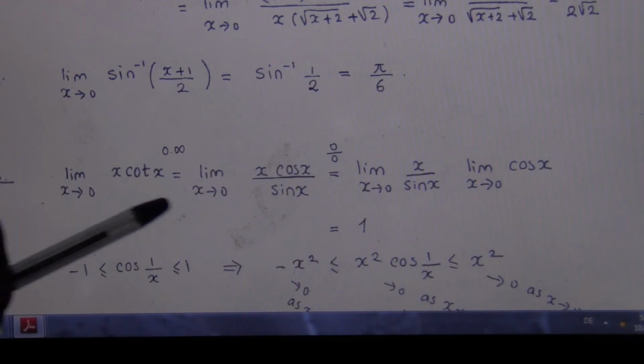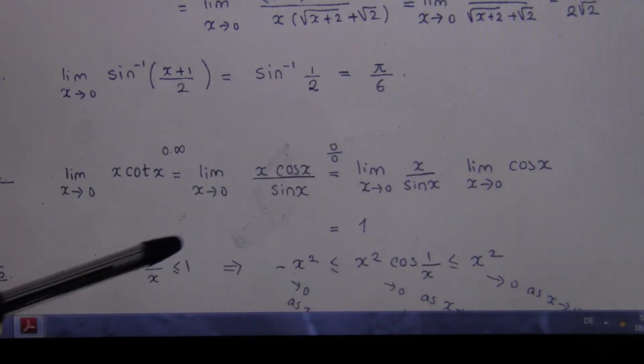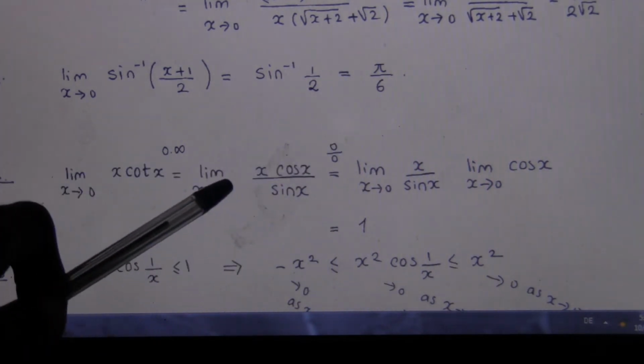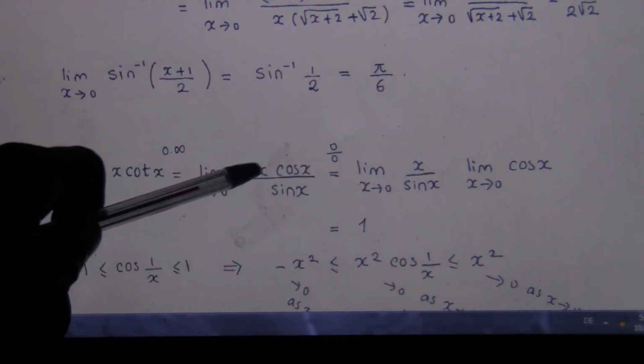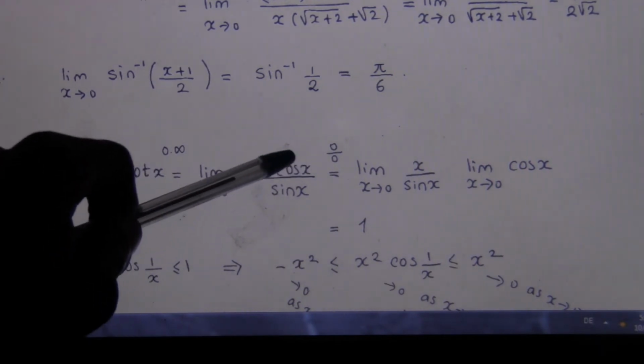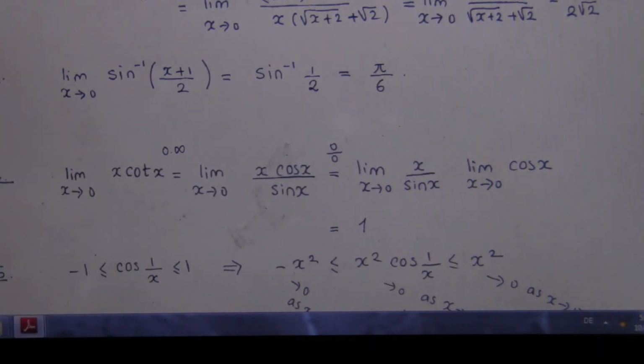But when I plug in here, I still get 0 over 0, because x is still 0 times cos 0, so 0 times 1 over 0. 0 over 0 is still there. So alright, back to square one. Could I now factor out an x? How could I factor out an x? There's no way you can factor.